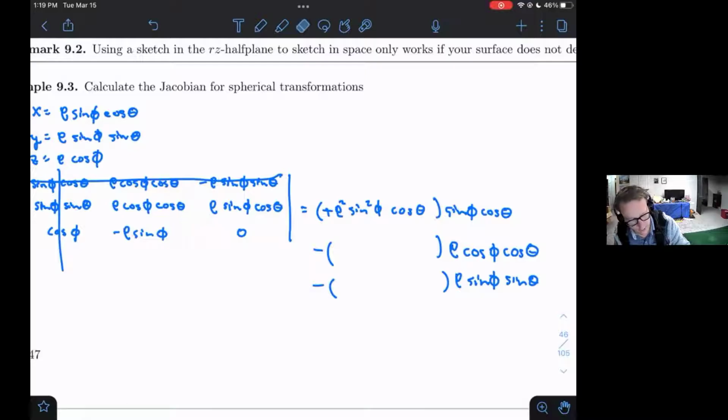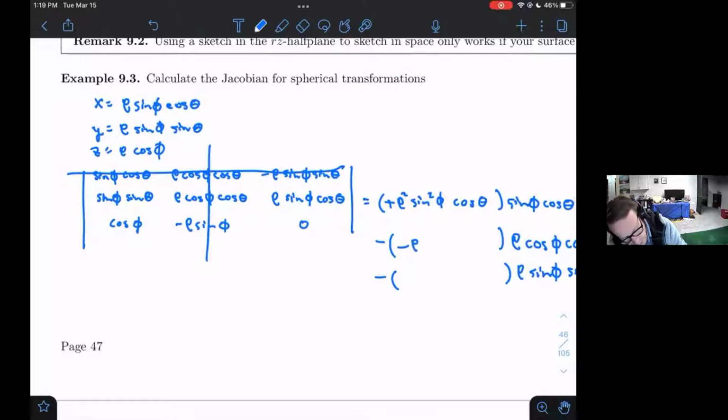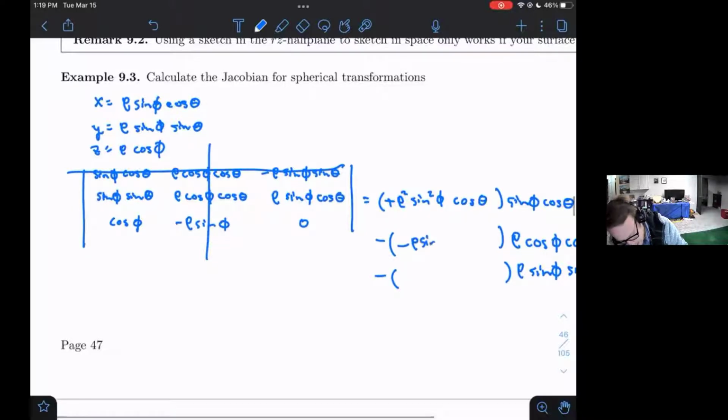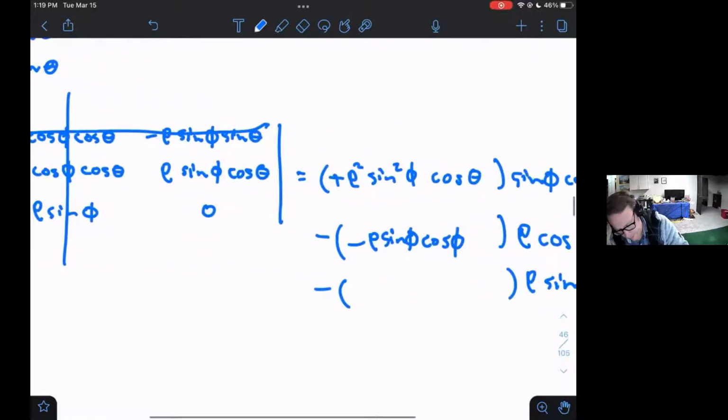That's one down. Now for the next bit, we're going to have 0 minus, a singular row here, sine phi cosine phi and cosine theta.